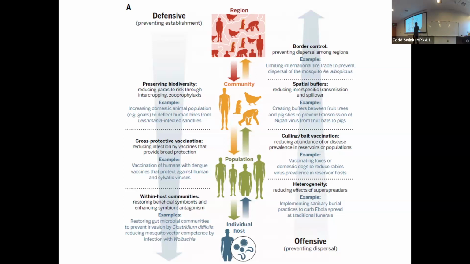And so preserving biodiversity can be a really effective way of diluting the risk of parasite infection. And in this case, so people are actually thinking about ways that used to be used, where domestic animals can be used kind of as a sink for incoming pathogens so that we don't get infected as much.